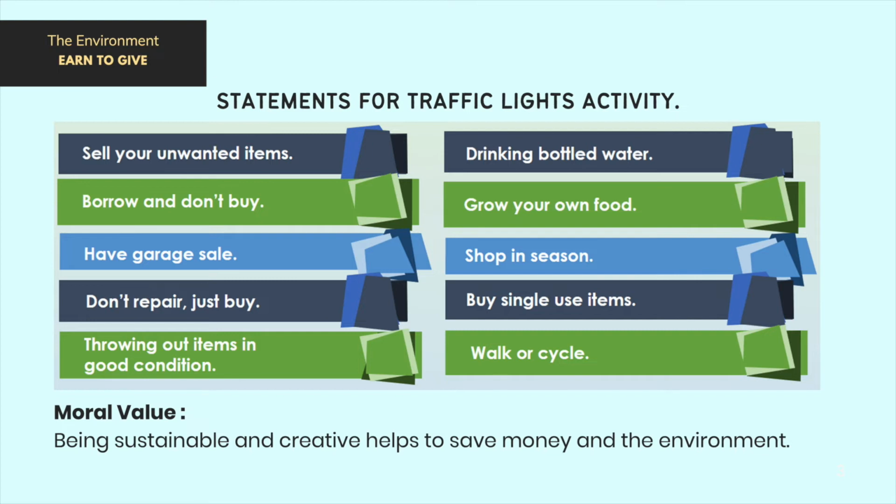Number 2, drink bottled water. This activity is to evaluate pupils' understanding in saving money and the environment. The teacher ends the session with a moral value: Being sustainable and creative helps to save money and the environment.